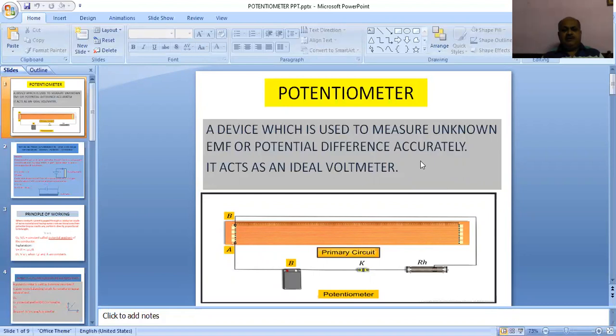Similarly, potentiometer does not draw any current from the source. Hence, it gives the actual value or accurate value of EMF or terminal potential difference. Here I have shown the figure. How does a potentiometer actually look like?